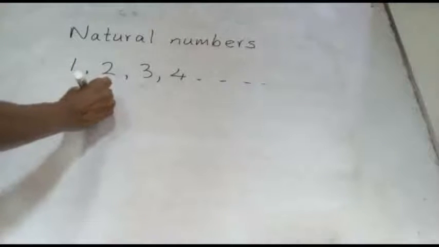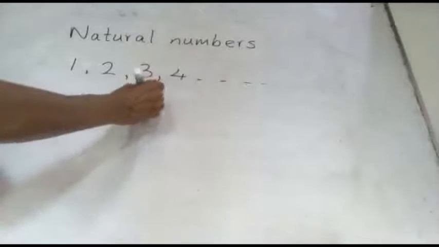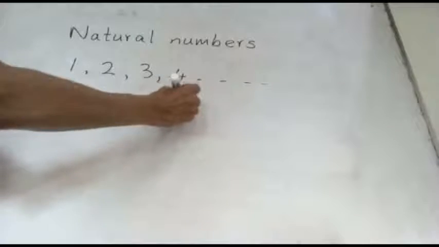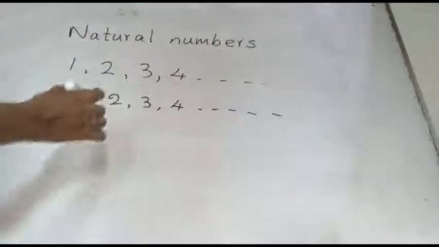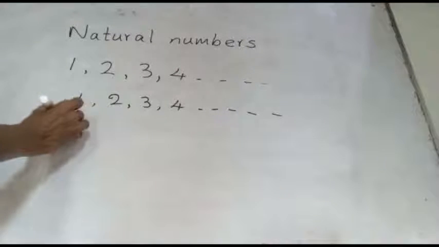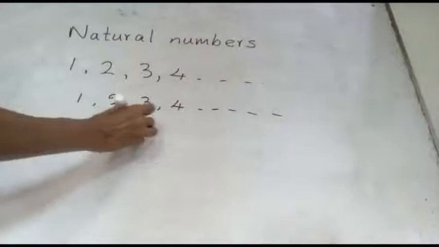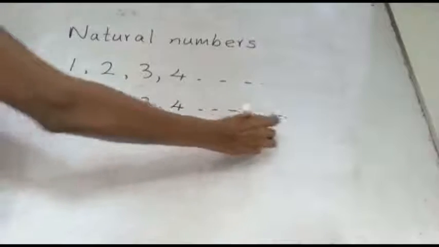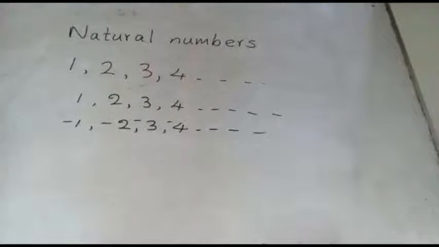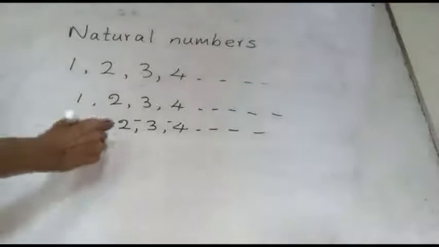Positive 1, positive 2, positive 3, positive 4 and so on are positive integers. Negative 1, negative 2, negative 3, negative 4. Positive and negative numbers are together known as directed numbers.